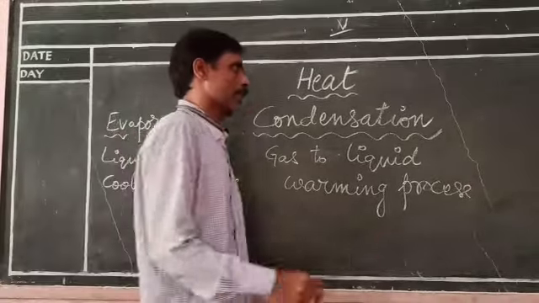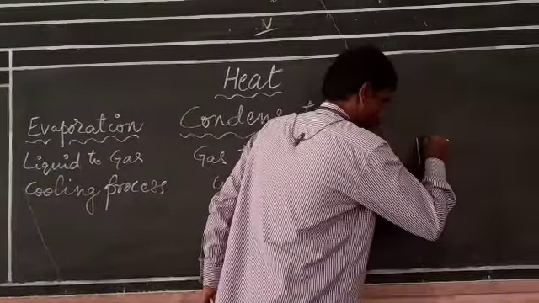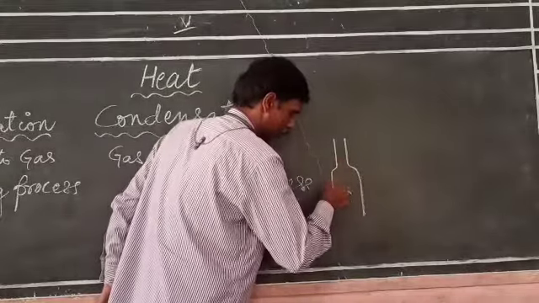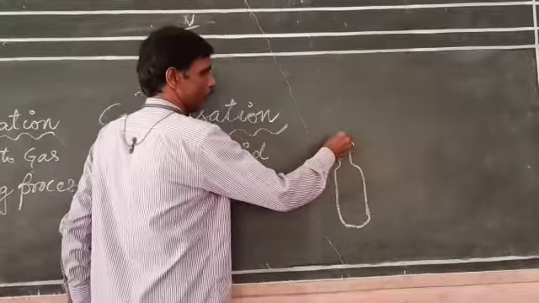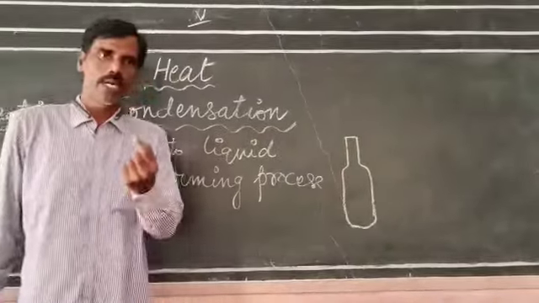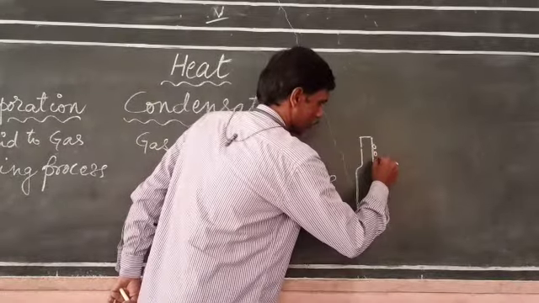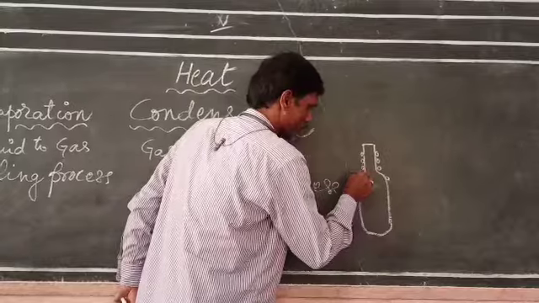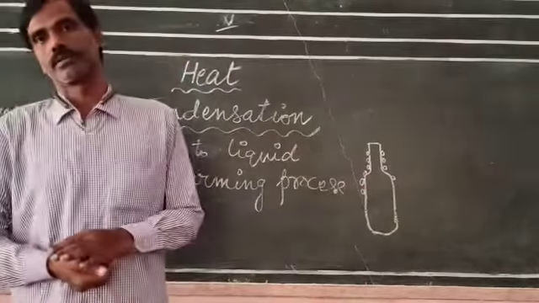Now let us discuss condensation. You might have observed that when you take a water bottle out of the fridge and place it on a table for a while, you will observe a few drops of water on the surface of the bottle. Why does this happen?